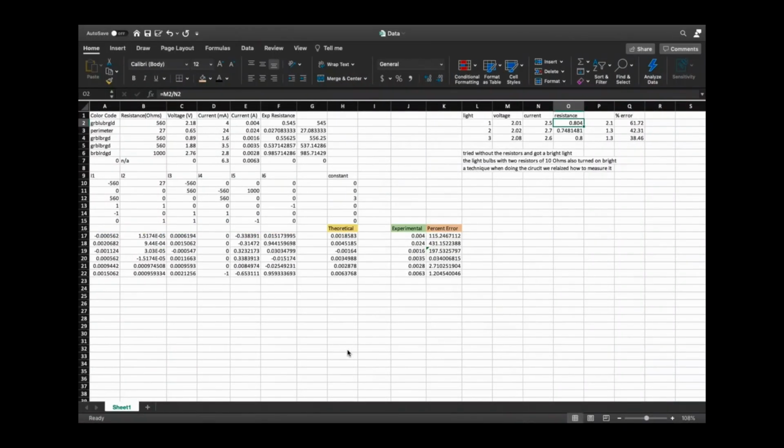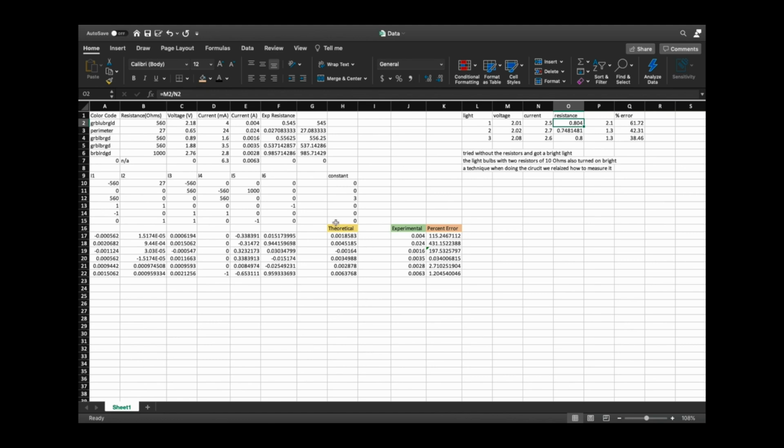Okay, so here I'm going to present our findings for our data and our results. So first, here in this section, we have the data recorded, including our measured voltages and measured currents. Those 2 values helped us find our theoretical current that we eventually plugged into our 6 independent equations.